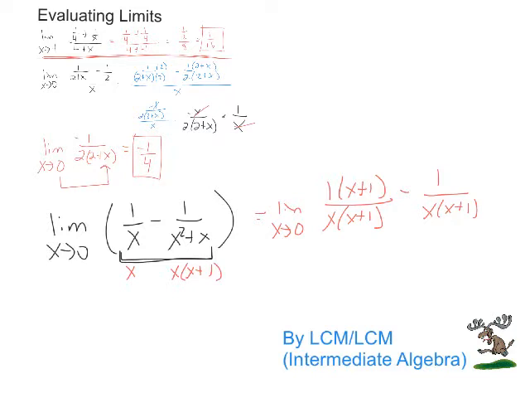When we simplify the numerator, we wind up getting x plus 1 minus 1, which is just x, and the denominator stays as x times x plus 1. We see now that a term can cancel, and we're left with just a 1 in the numerator. At this point, we can evaluate the limit by direct substitution. Plug the 0 in, and we get an answer of 1.